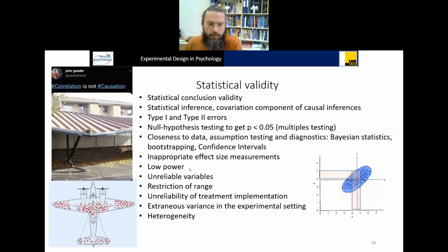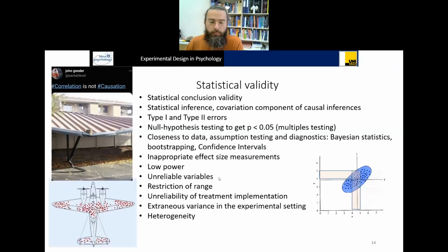This is mainly the problem because the more economical designs tend to have also lower power. The trick is to find ways to keep power high enough without spending too much extra money when conceiving our design, recruiting people, making expensive measurements.